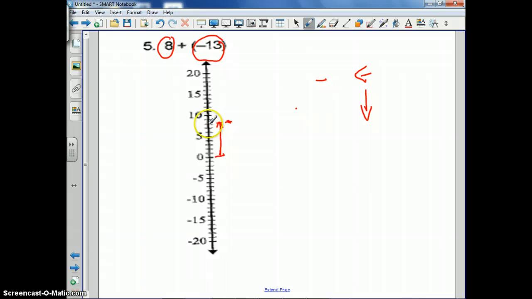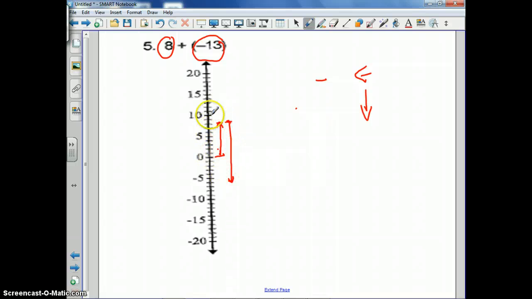So I'm just going to come back to this line and start at 8 and count 1, 2, 3, 4, 5, 6, 7, 8, 9, 10, 11, 12, 13. So we're going to draw that there. And when you're actually using a number line, you probably wouldn't even make these lines. What these lines are for is to show that you know how to use a number line, or for books to demonstrate how to use it.